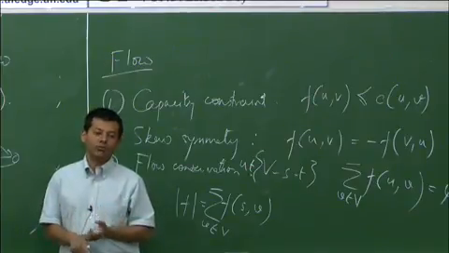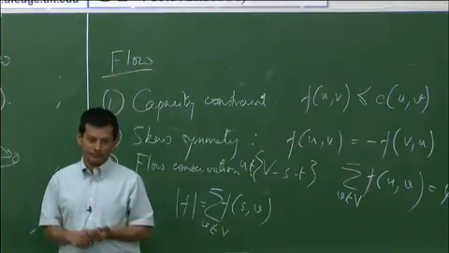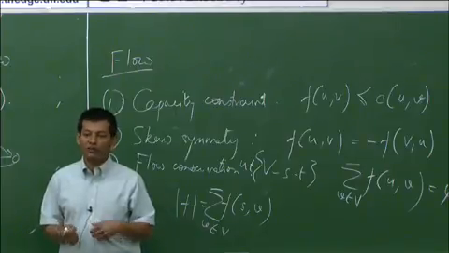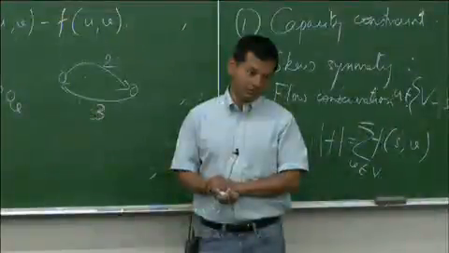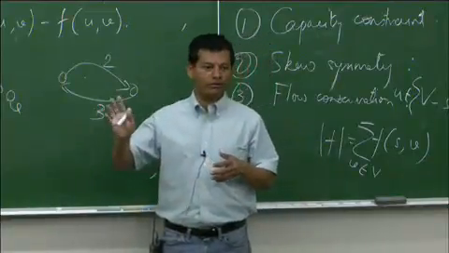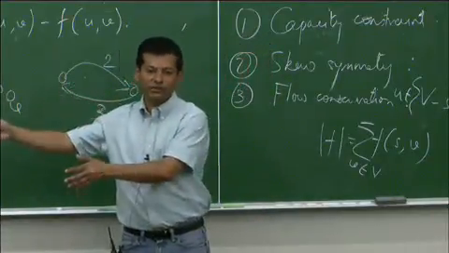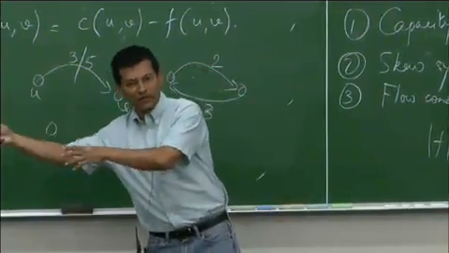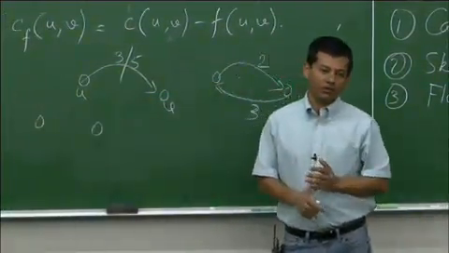This is called the Ford-Fulkerson method. It is not an algorithm simply because it does not tell you how you are going to find a flow. It simply says find a flow, produce the residual network, find another flow, produce the residual network, find another flow, produce the residual network, and so on and so forth.